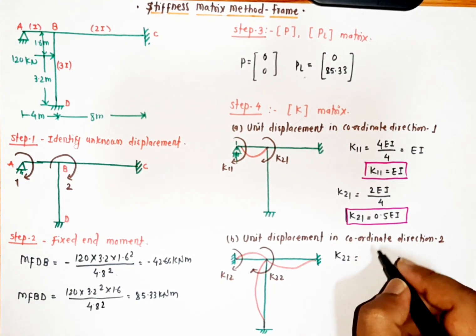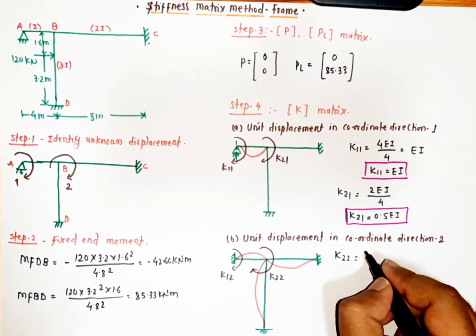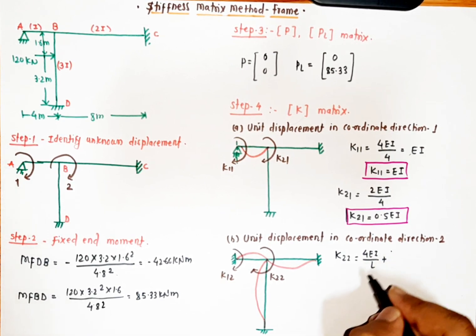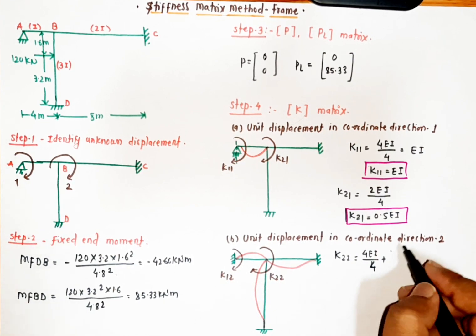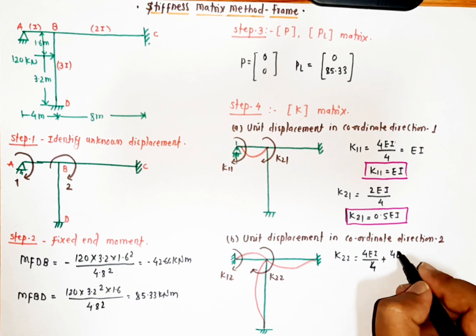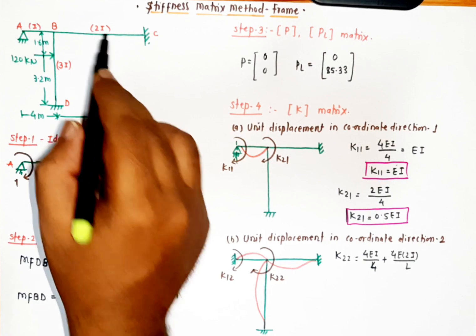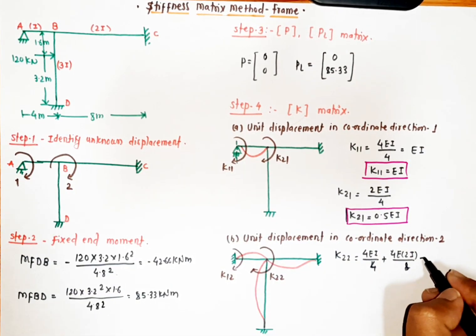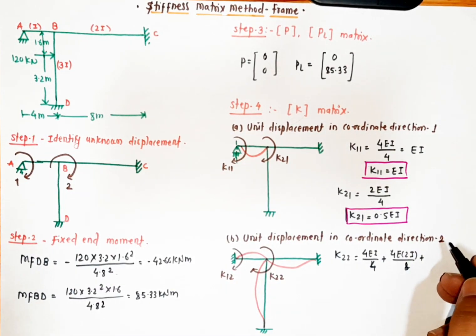K22. K22 is nothing but 4EI by L plus 4EI by L plus 4EI by L. So ultimately it will be 4EI by L, where L is for AB, it is 4, plus 4E into twice I divided by L. This is for BC, it is 2I, where L is 8 meter, plus 4EI by L. Here L is 4.8 meter.